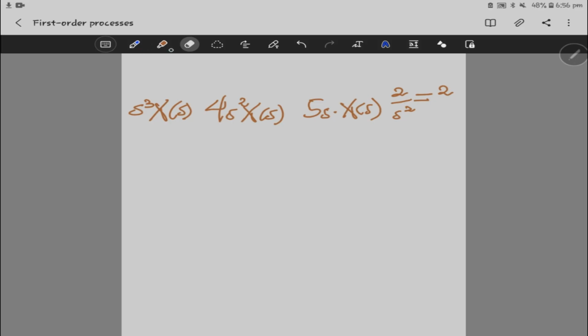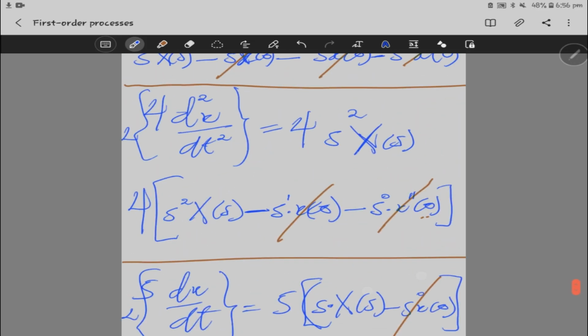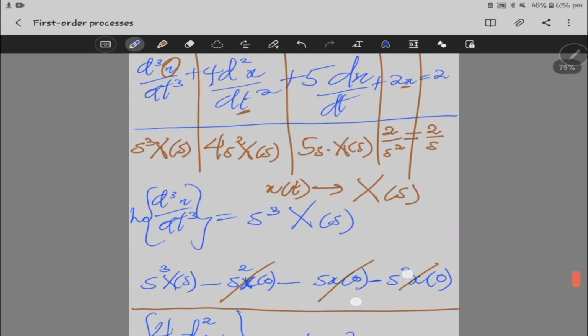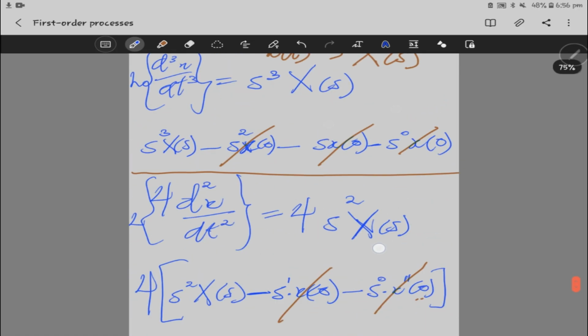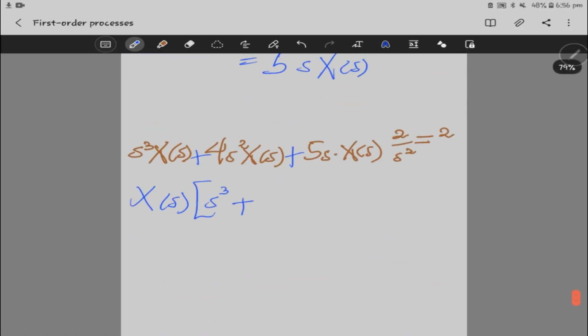So let's see. On the left hand side we have X of s, and here we have s cubed plus 4s squared plus 5s, and these were pluses.